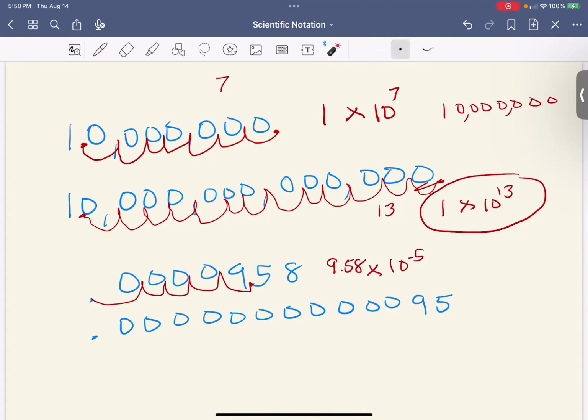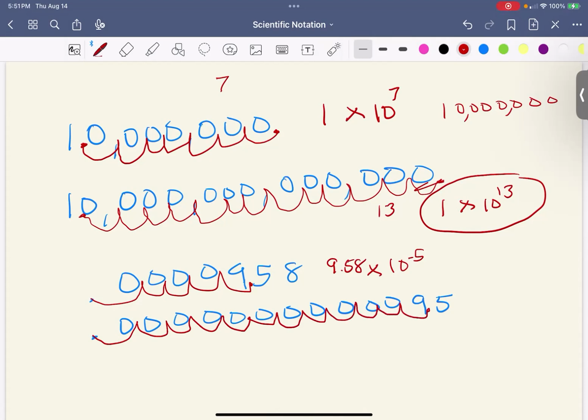Let's look at this one. Okay, so we have a lot of zeros. So we're going to start at the decimal, and then we're going to move until we are behind the first whole, or in front, depending on how you're looking at it, the first whole number. So 1, 2, 3, 4, 5, 6, 7, 8, 9, 10, 11, 12.